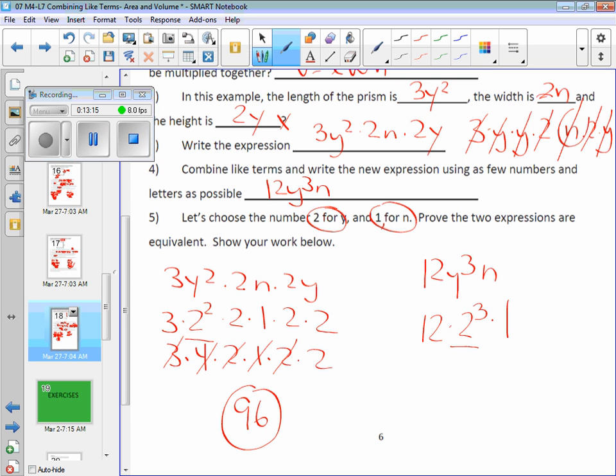So 2 cubed. Gotcha! 8. She cracks under pressure. 12 times 8 is 96.